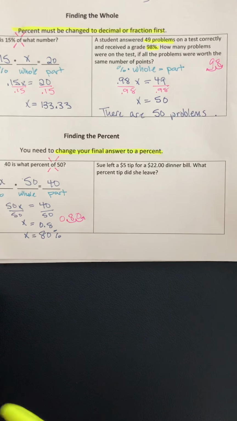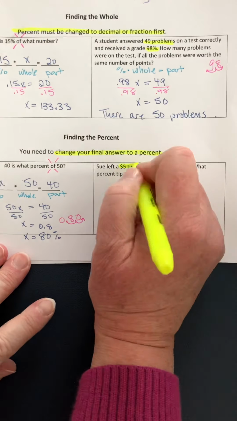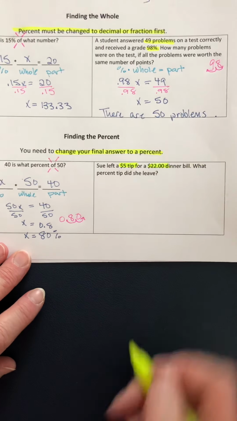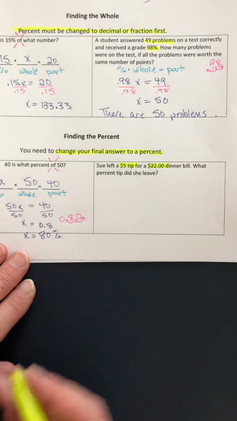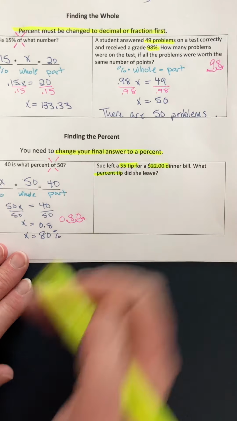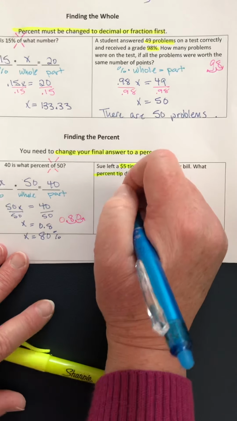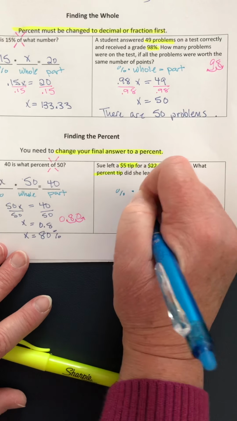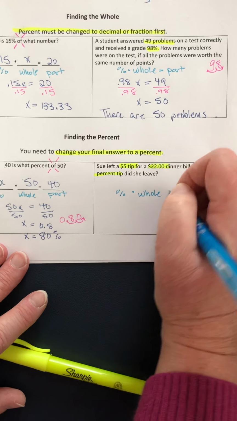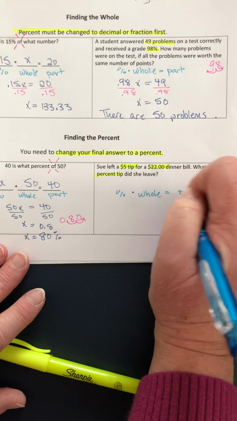Okay, Sue left a $5 tip for a $22 dinner bill. What percent tip did she leave? So we're looking for the percent. And again, my formula is percent times the whole equals the part.